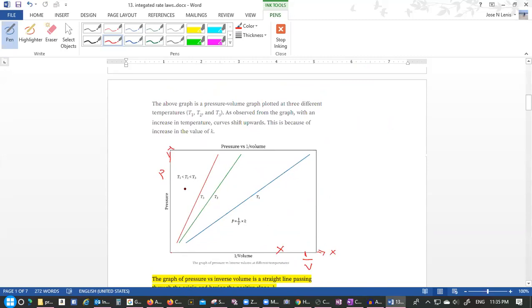Why do you want to convert into a straight line? Something that is not linear, you want to convert into linear. So you have your numbers here organized, and you can see the linearity of your numbers. But the linearity is between pressure and 1 over volume.